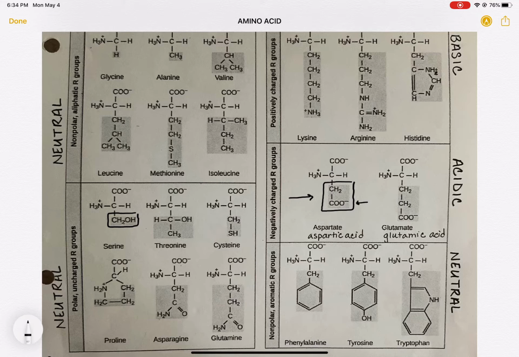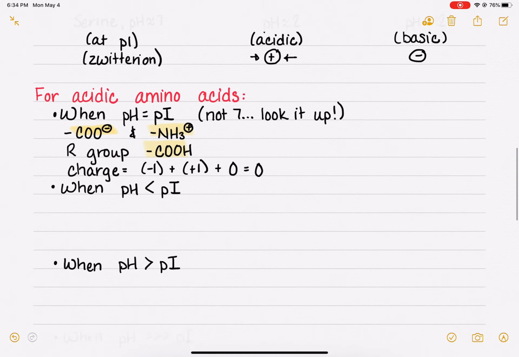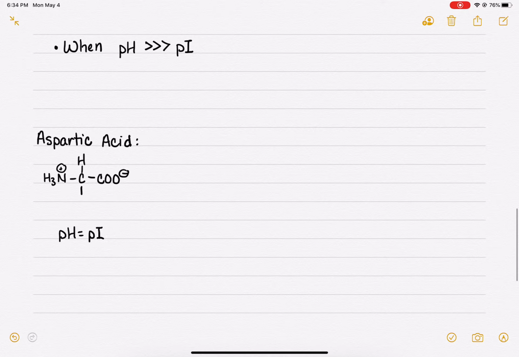So down here, it's listing the R group as COO minus. And you have to be smart and realize that that's not allowed, not when you're at the PI. So our R group has to be CH2COOH. We have to draw it with that extra hydrogen on there because it is in the Zwitterion form.